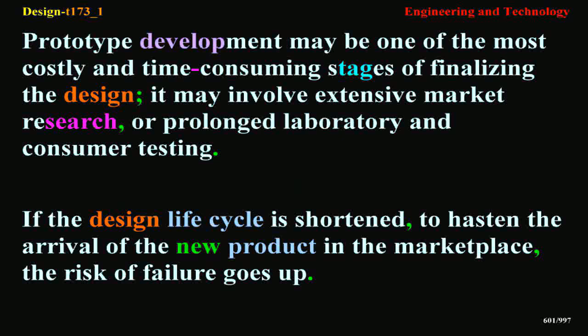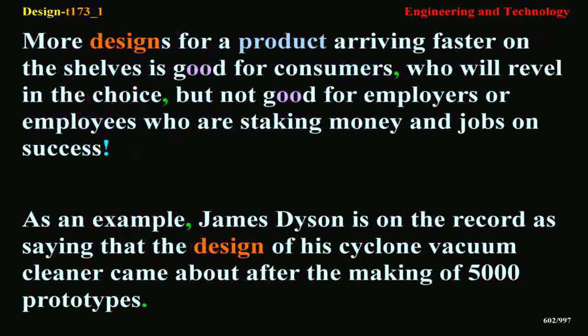If the design life cycle is shortened to hasten the arrival of the new product in the marketplace, the risk of failure goes up. More designs for a product arriving faster on the shelves is good for consumers, who will revel in the choice, but not good for employers or employees who are staking money and jobs on success. As an example, James Dyson is on the record as saying that the design of his Cyclone vacuum cleaner came about after the making of 5,000 prototypes.